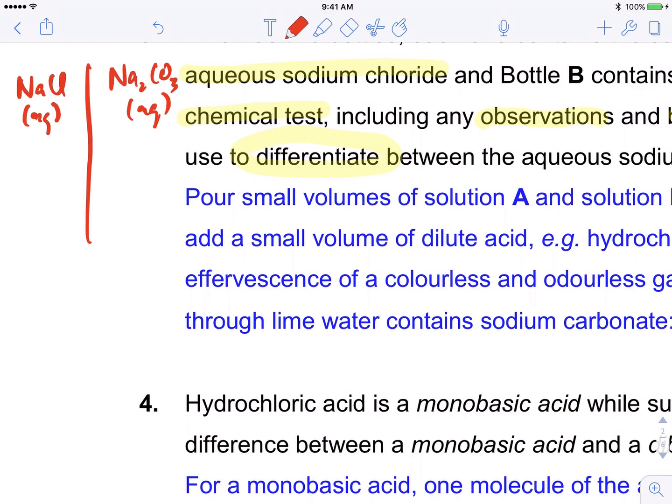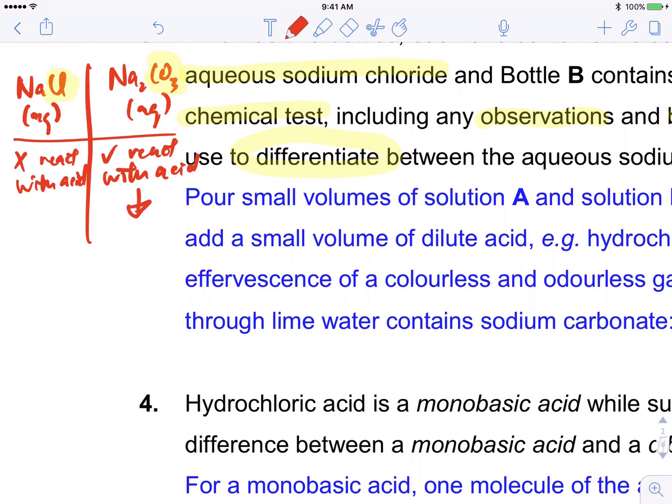So let's see, the difference between these two lies in their anion, chloride and carbonate. Did we learn anything about chlorides and carbonates? We learned before that carbonates have a reaction. This one will not react with acid. This one will react with acid.